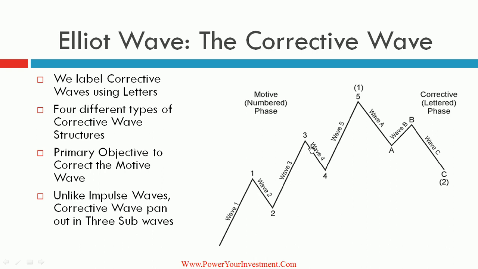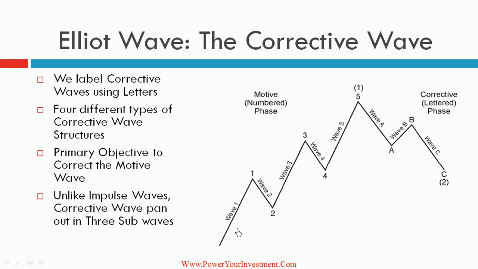Now if some of you are getting confused by what this 1 is and what this 2 is, let me be clear to you. This is wave 1, wave 2, wave 3, wave 4, wave 5, a motive wave. The 1 here is the wave 1 of one larger degree.